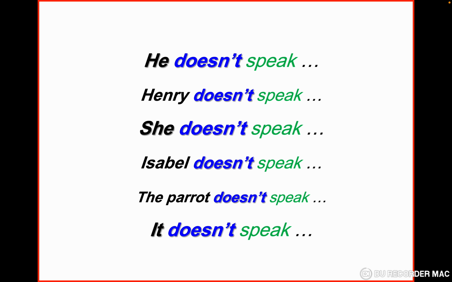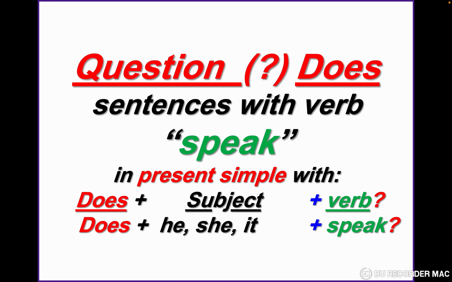Let's go to the question form. In the question form, with he, she, it, we ask with the word does. Does he speak? If you write does he speaks, it's not correct. So in the negative form and in the question form, the verb doesn't take an s.